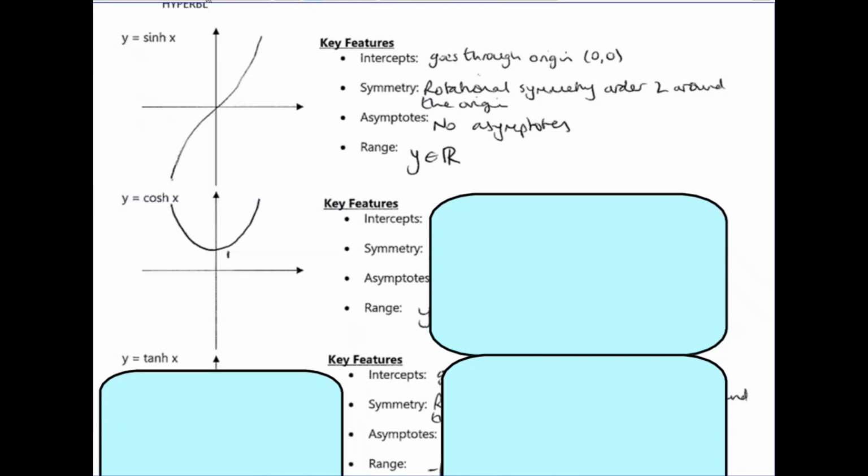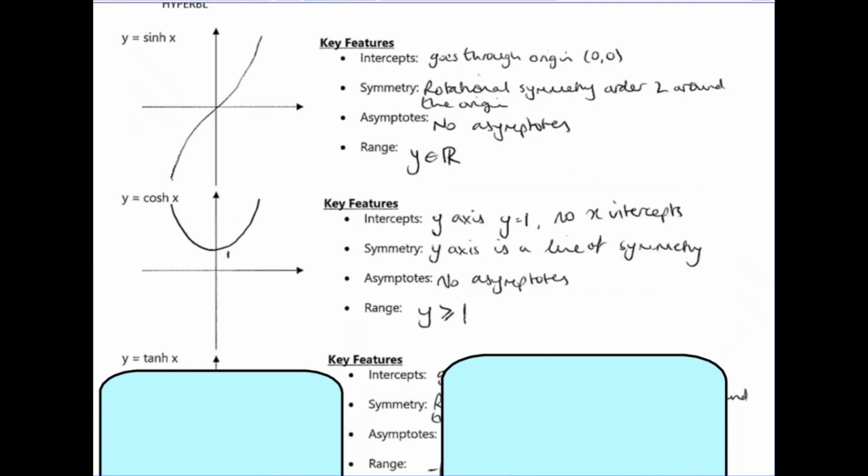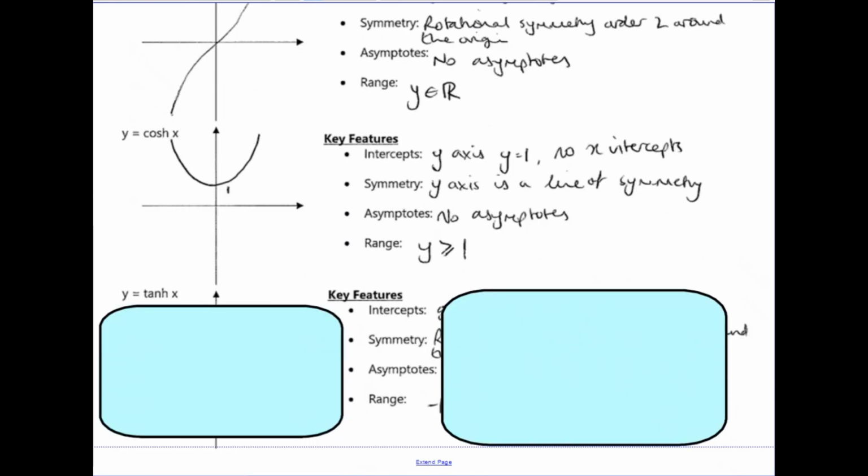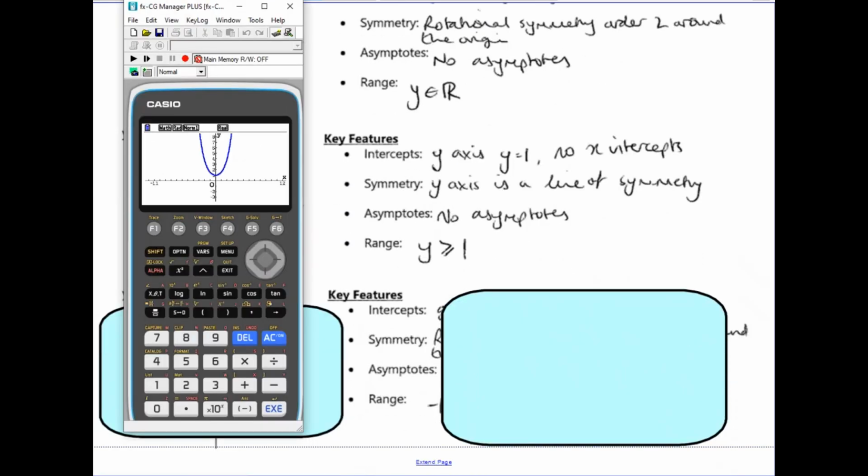So the graph of cosh looks like this. Crosses the y-axis at y equals 1. It's got a line of symmetry down the y-axis. Again, no asymptotes. So the range is y is greater than or equal to 1 for this. Finally, we can draw tanh in our calculator, so I'll call it tanh x.